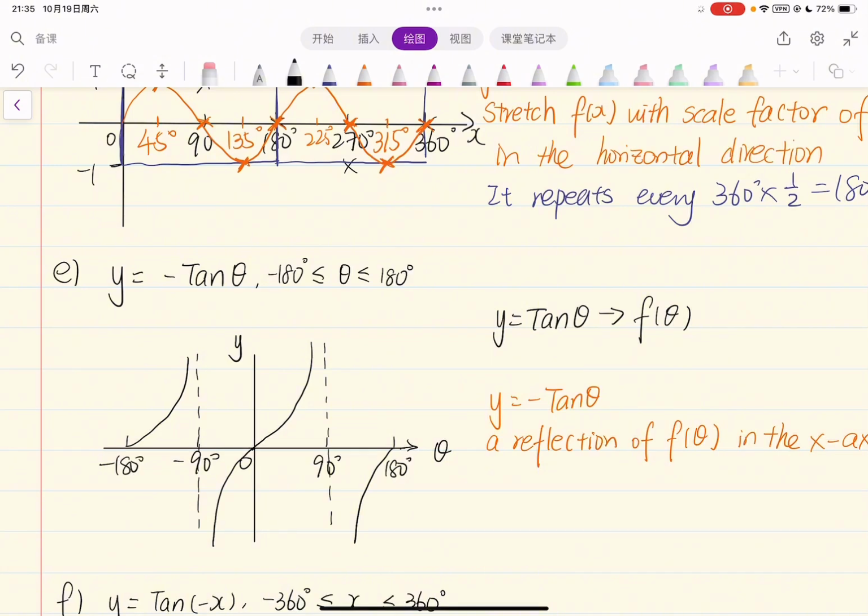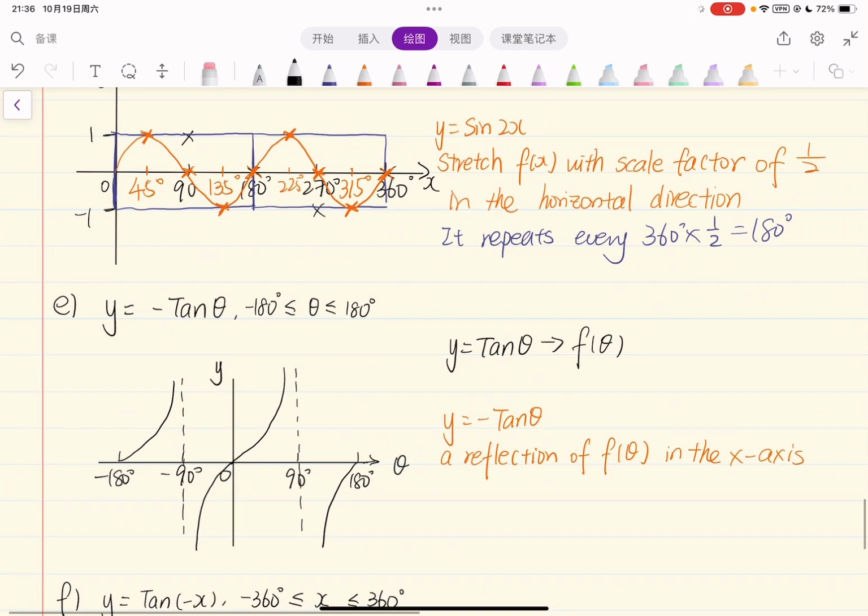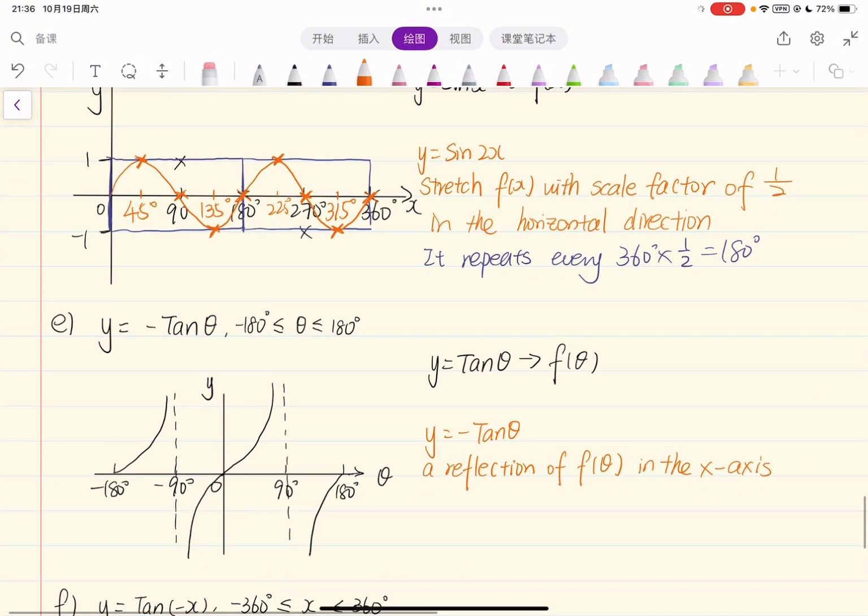For y equals negative tangent theta, you reflect f theta in the x-axis. So in the x-axis, in here is theta axis. So you reflect in the theta axis. We have that between 0 and 90 degrees. The reflection of that looks like that.